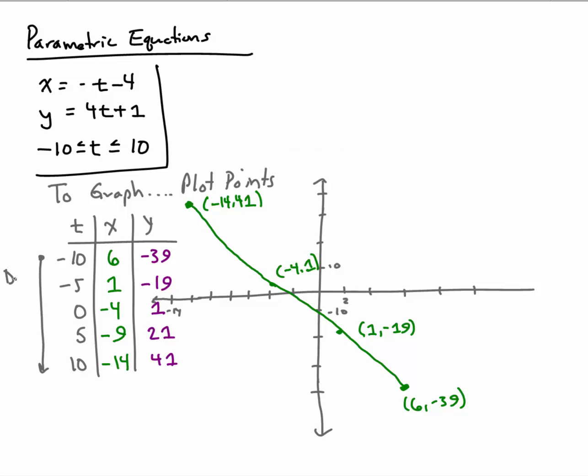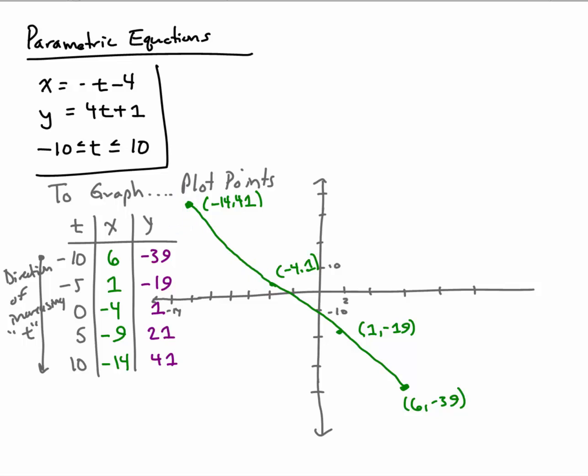So direction of increasing t. So what this means is, and this would have to do with time and how time is moving here, is time coming from this point up here and moving down, or is it coming from this point and moving up?